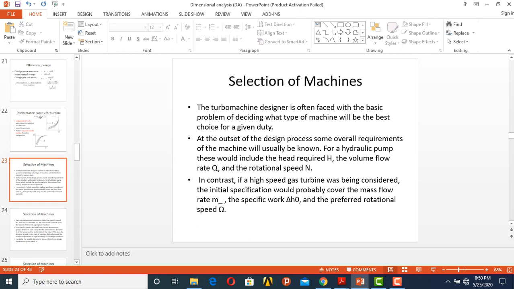In industry, as an engineer, you'll be called upon when a machine has a breakdown, or has a fault, or has failed. You need to replace that machine. And an engineer will have to find a means of going on the market to find a suitable machine for your duties.